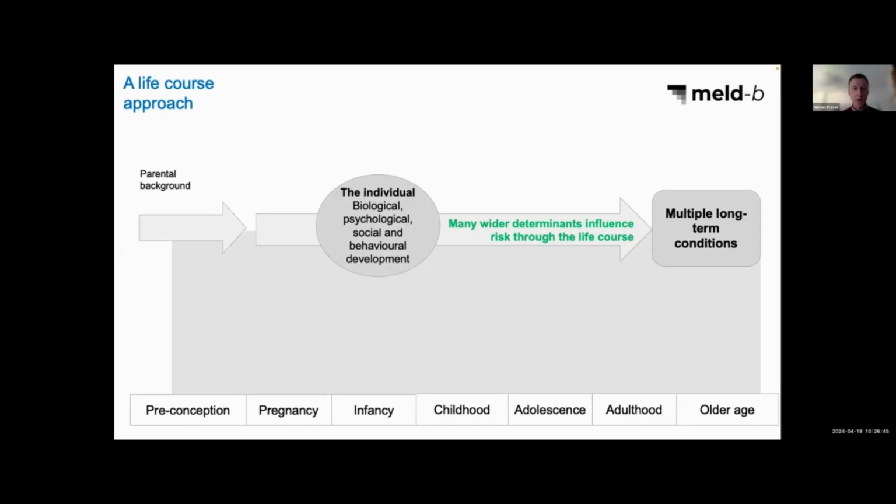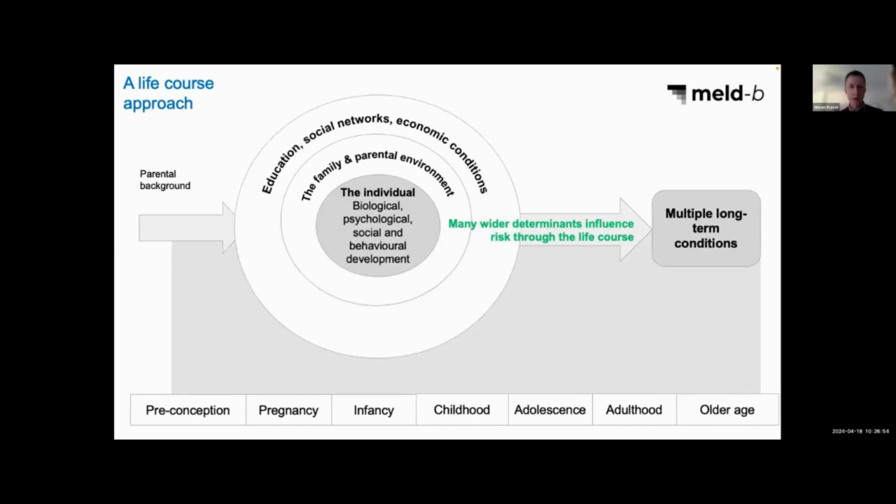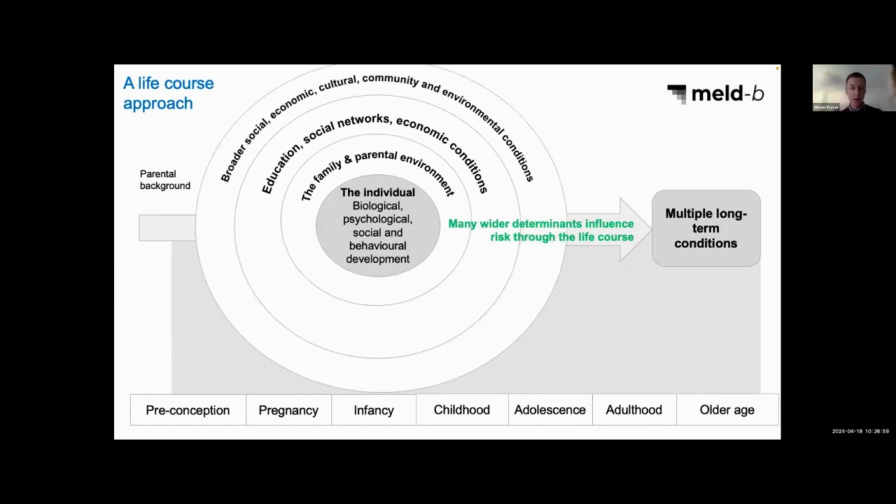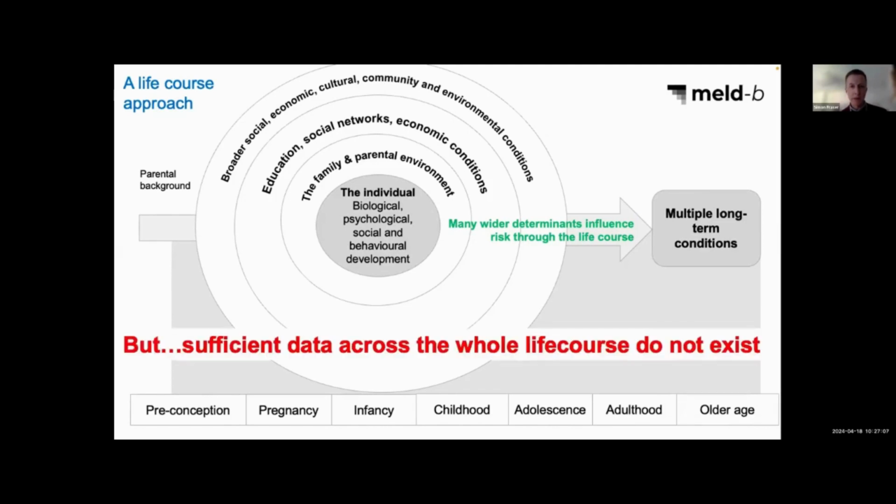So your own individual biological, psychological, social, and behavioral development, but also things like your family and parental environment, your education, social networks, economic circumstances, and then wider societal issues as well. And the challenge with looking at the influence of those wider determinants on the risk of developing multiple conditions is that sufficient data on all of those things across that whole life course really just doesn't exist in one source.